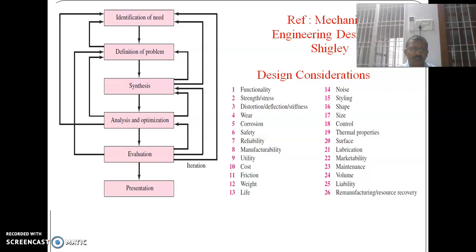Material properties, mass moment of inertia, mass properties, everything can be analyzed using this analysis software. For example, in order to make a casting, you have to make a design drawing in the definition of problem phase, that is, a CAD model using AutoCAD. This model is analyzed in the analysis phase.